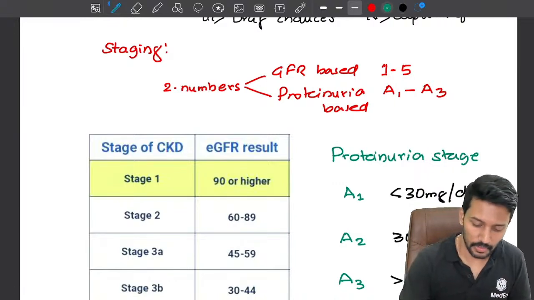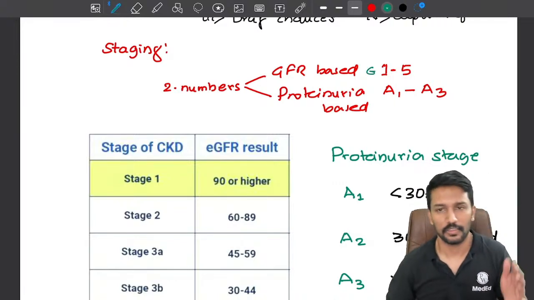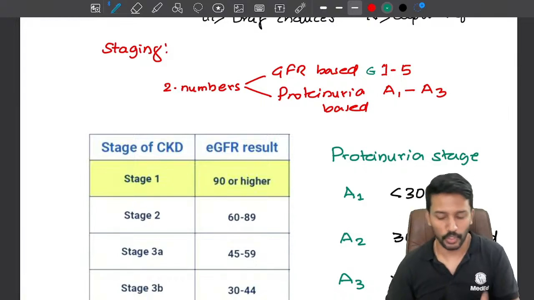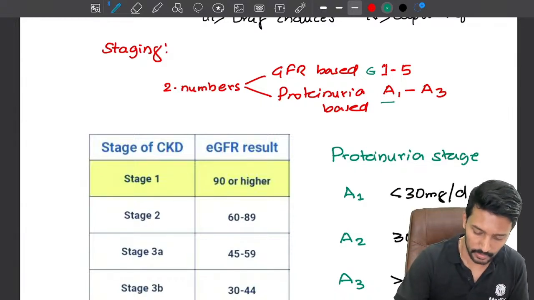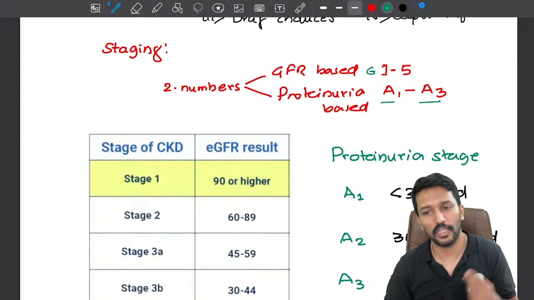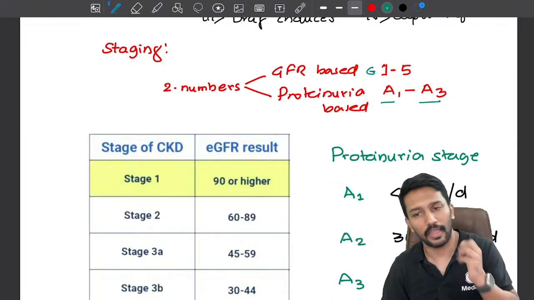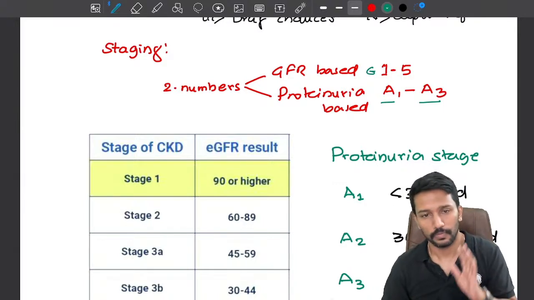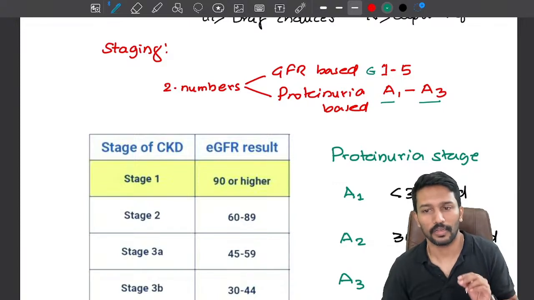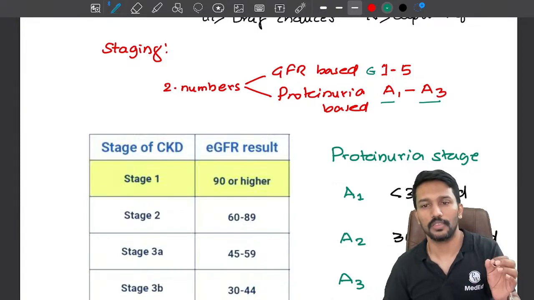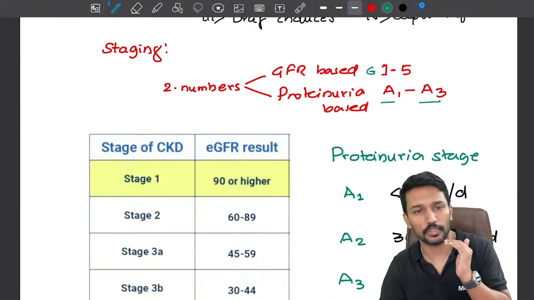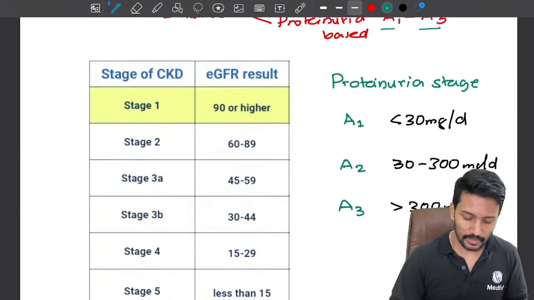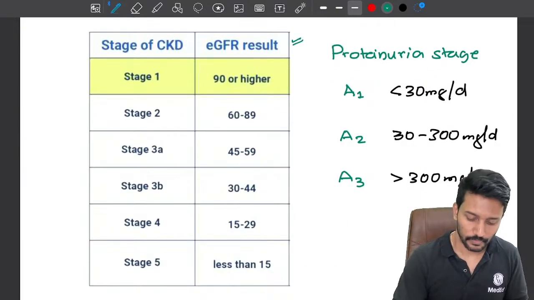GFR based, it will be addressed as stage G, G1 to 5, and on the proteinuria side we will assign the stages A1 to A3. So any patient will have a G number and an A number like G1 A3 or G2 A2. So let us understand how to recognize the stage based on the GFR, and how to recognize the stage based on the proteinuria.